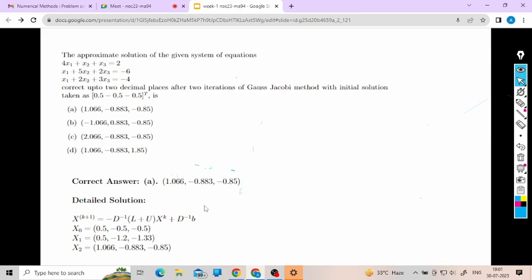Then you have to find the sum of the diagonal elements of A minus B. So this is your matrix A. You have to form matrix B by applying these row operations, and then sum the diagonal elements of A minus B. Calculate it.